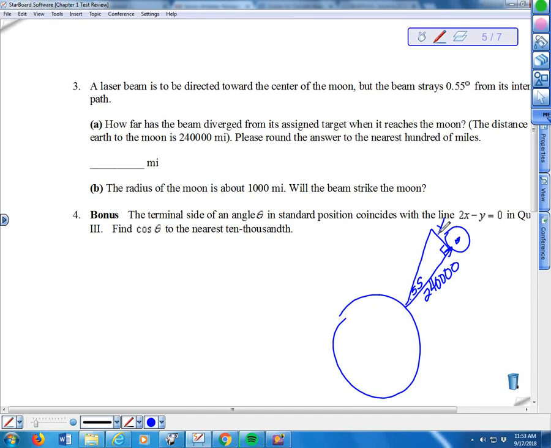So that's going to be tangent equals x over 240,000. 0.55 times 240, that's 2303.9 miles. The radius is 1,000, so definitely misses the moon.